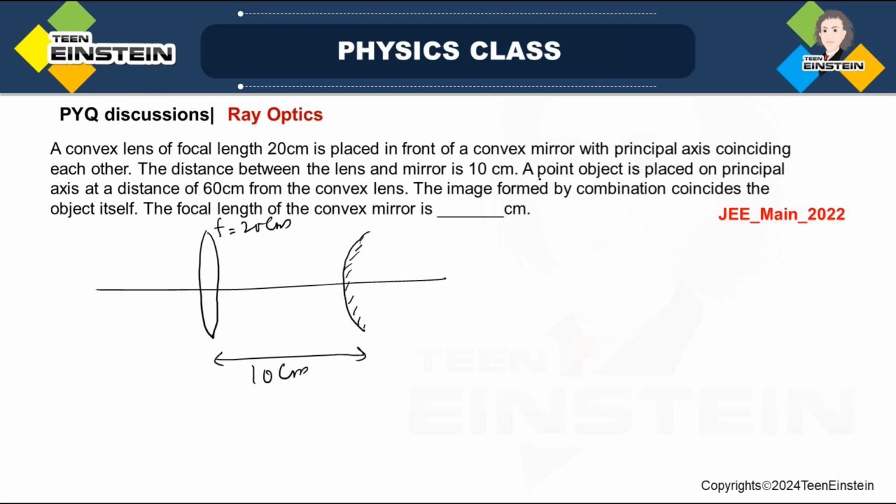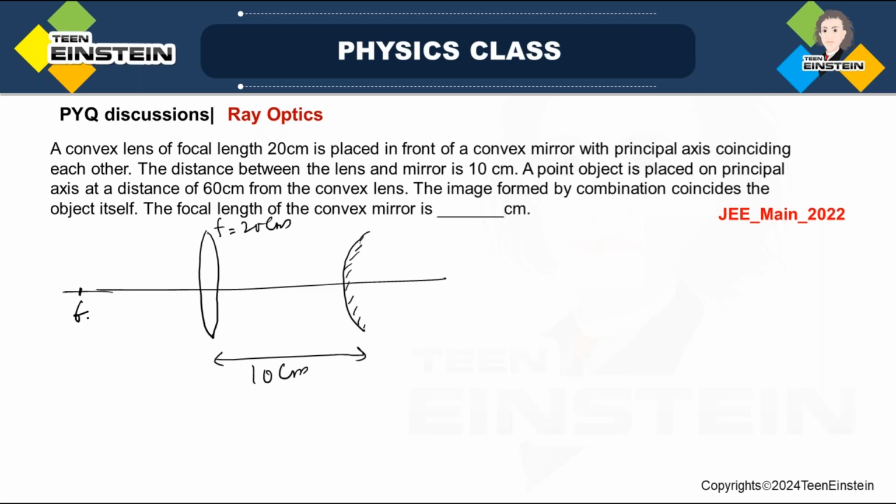Now the question says a point object is placed on the principal axis at a distance 60 centimeter from the convex lens. So a point object is kept at 60 centimeter from the convex lens.